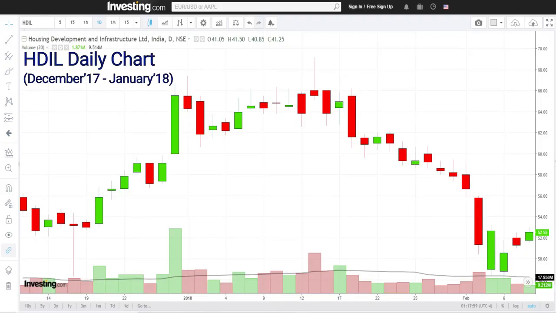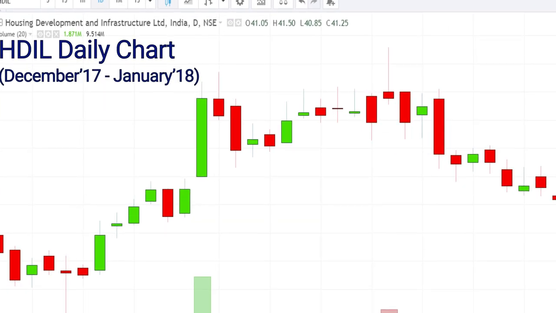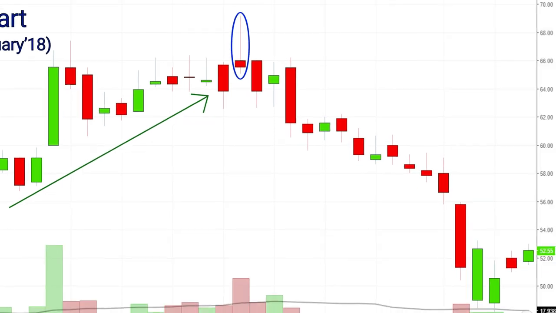Now let me show you an example of the shooting star. Here in the same HDIL chart, as you can see, in the beginning of 2018 there was a shooting star candle formed. Earlier there was an up move, and after the formation of the shooting star, we can see that the very next day the price moved below the shooting star candle, and see the kind of down move that unfolded after this.